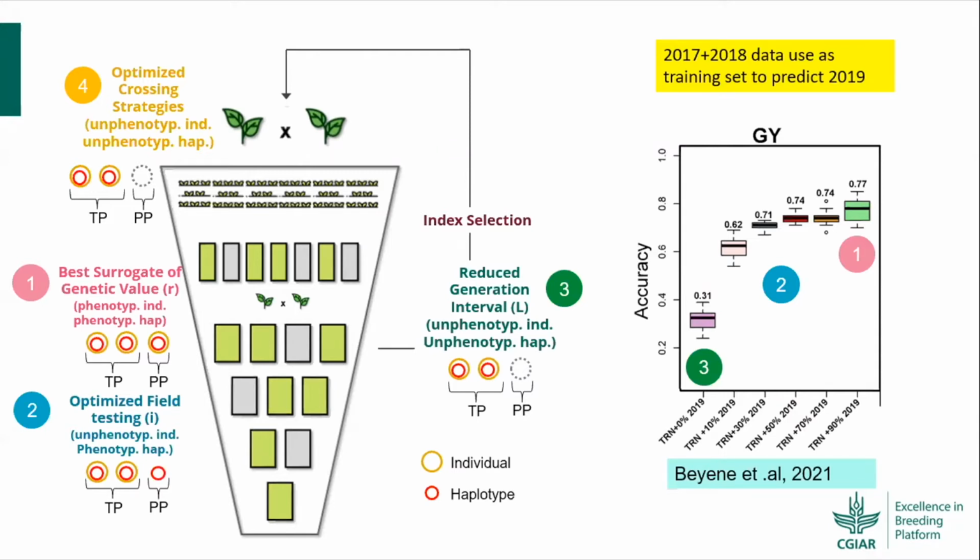Today we will discuss a little bit about the use of genomic prediction to exploit genetic variance, and some of the challenges when it comes to logistics.